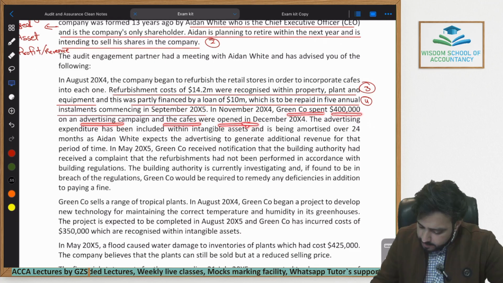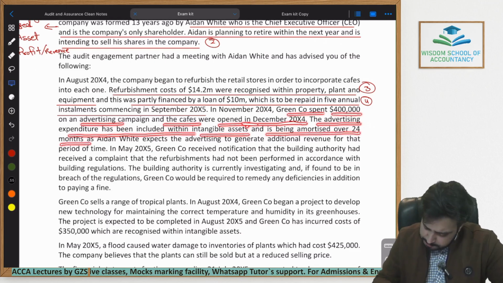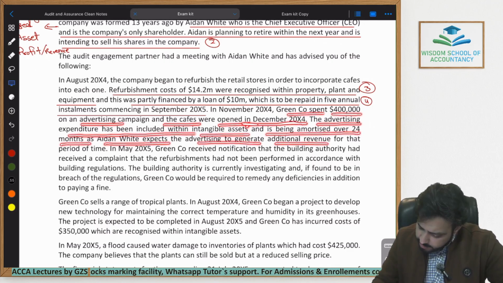So they had to advertise them in December 2014. The advertising expenditure has been included within intangible assets and is being amortized over 24 months, as Aiden White expects the advertising to generate additional revenue for that period of time.